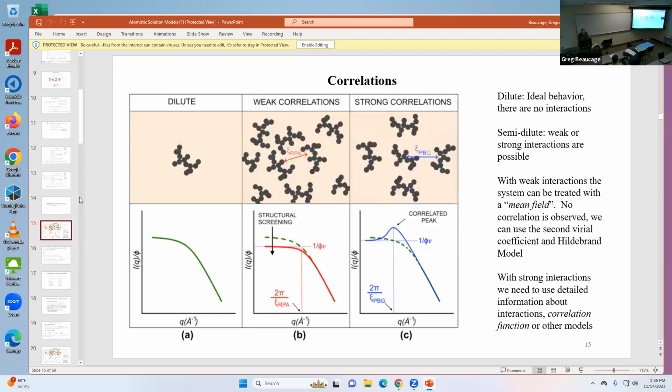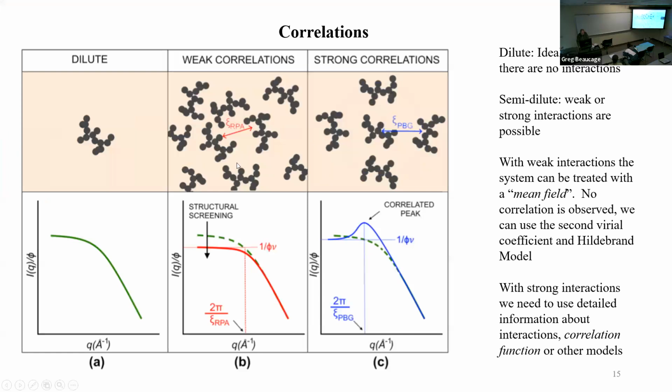So basically almost everything, like this paper, for instance, that we're looking at, is mean field. There are no specific interactions. Even though it's crystals, the whole Hildebrand theory is based on this kind of mean field thing.